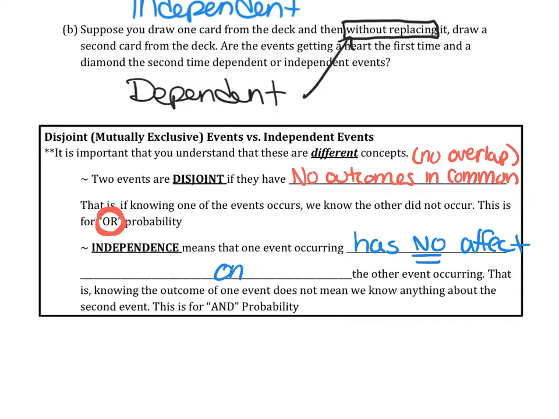That is, knowing the outcome of one event doesn't mean we know anything about the second event. All we know is that they're not going to affect each other, they're separate. We can calculate the probability separately. And again, you can only have independent events if it's and probability. So just make sure you're okay with the difference between those. Or probability, you're either disjoint or overlapping. And probability, you're either independent or dependent.